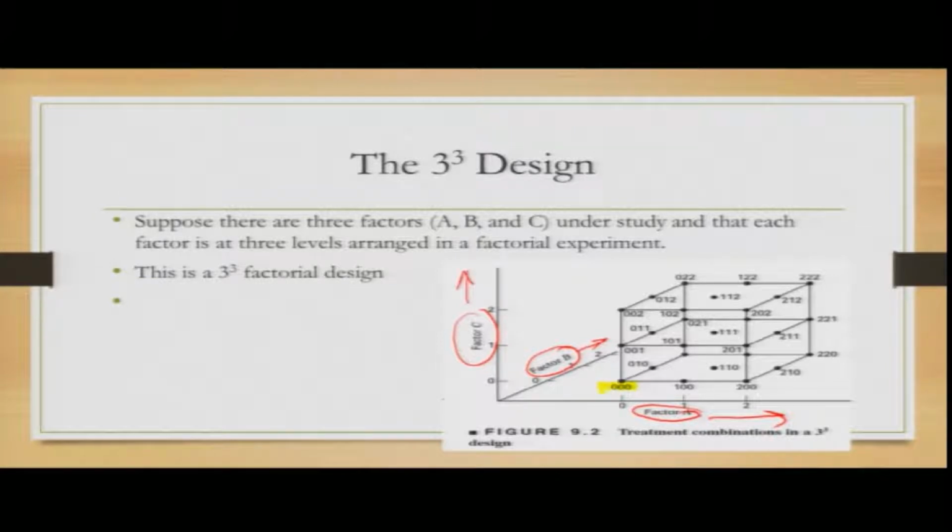So, this is for 0 0 0, which means all of A B C are at the lowest level. This is 2 2 2, which means that all A B C are at the highest level. So, 0 0 0 is for the lowest, 2 2 2 is for the highest, and obviously there are intermediate values.